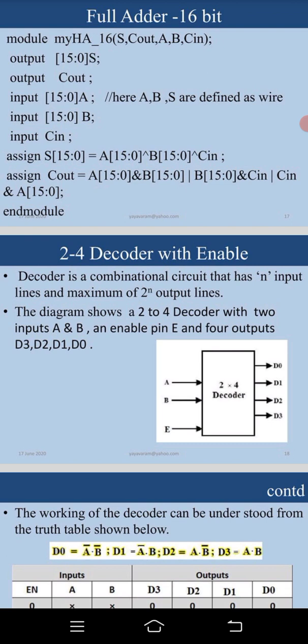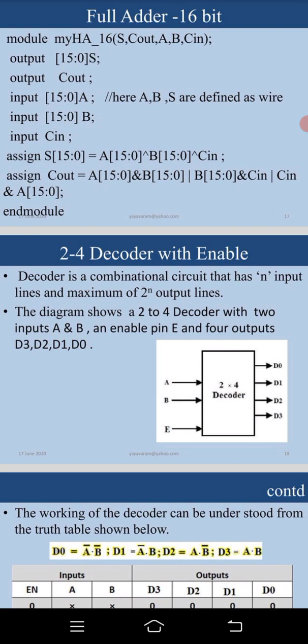The diagram shows a 2 to 4 decoder with 2 inputs A and B, enable pin E, and 4 outputs D3, D2, D1, D0. So we have the diagram of the decoder with enable, 2 by 4 decoder.